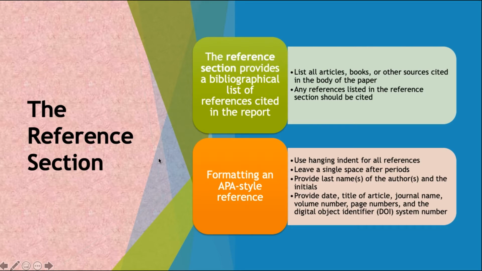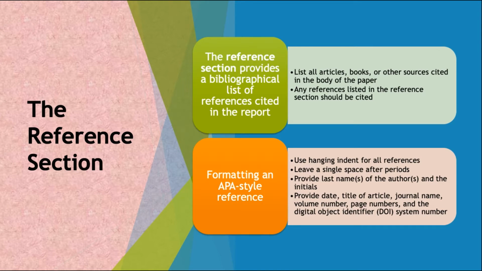Then we come to the reference section. The reference section provides a bibliographical list of references cited in the report. So you have to list all articles, books, or other sources cited in the body of your report. Any references listed in the reference section should be cited in the text.